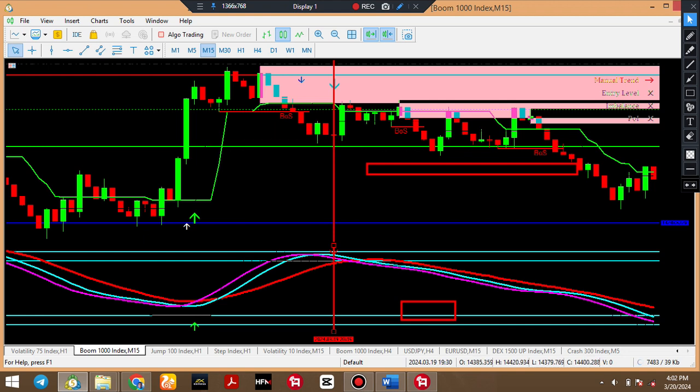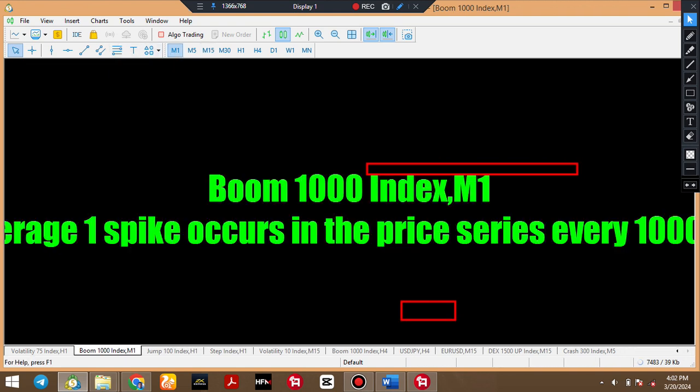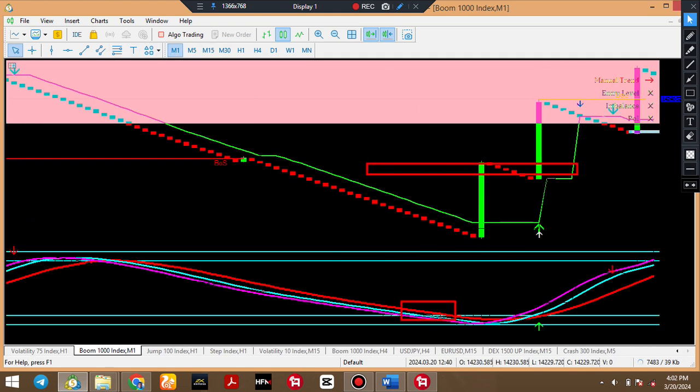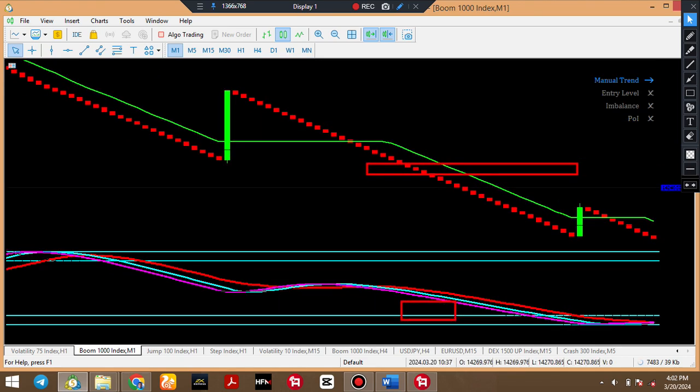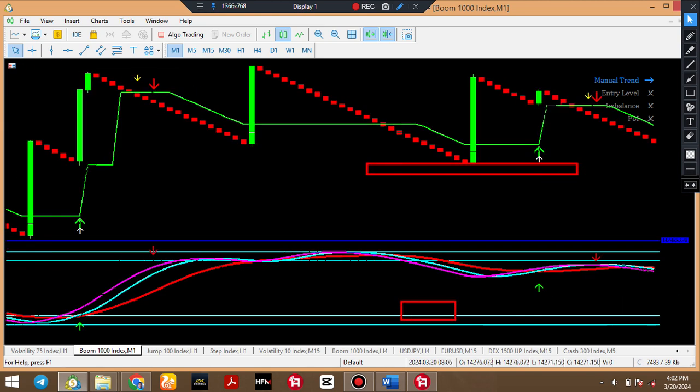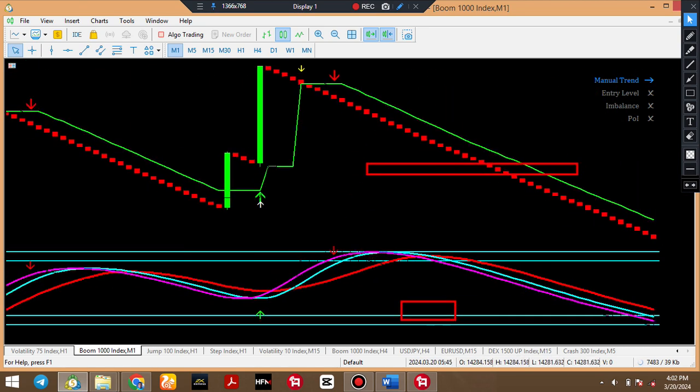Let me go to 1 minute. Maybe you'll be able to see the area I entered. I think it's possible, but it will be very difficult because price has gone very far. I would have loved you to see the entry zone, the entry point rather.